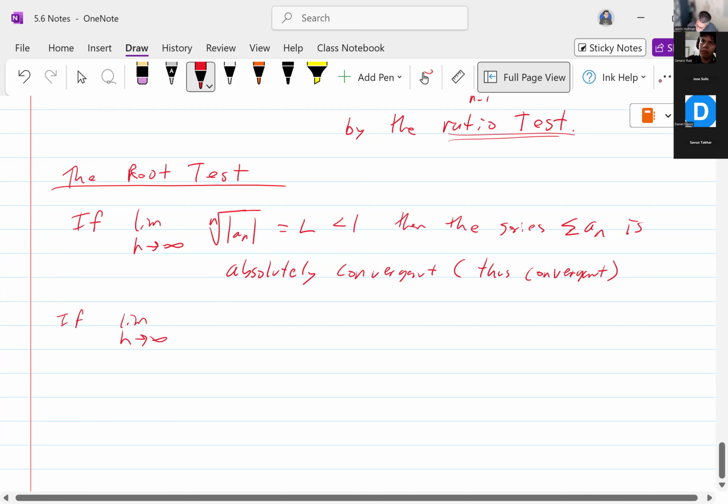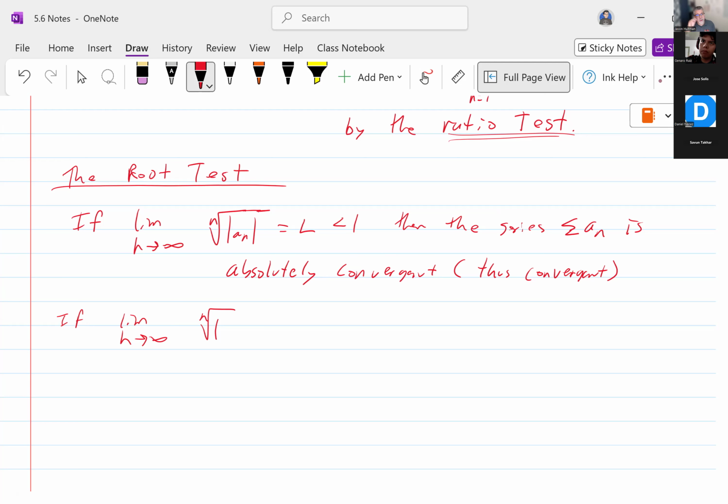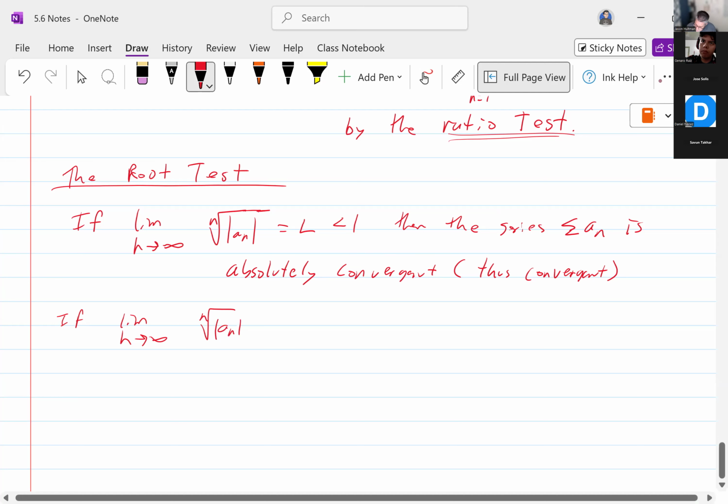It's just the absolute value of a sub n, because you're generally going to use this if the series has an exponent of n. So it's just a sub n. If this limit is equal to L and is greater than 1, then the series diverges.